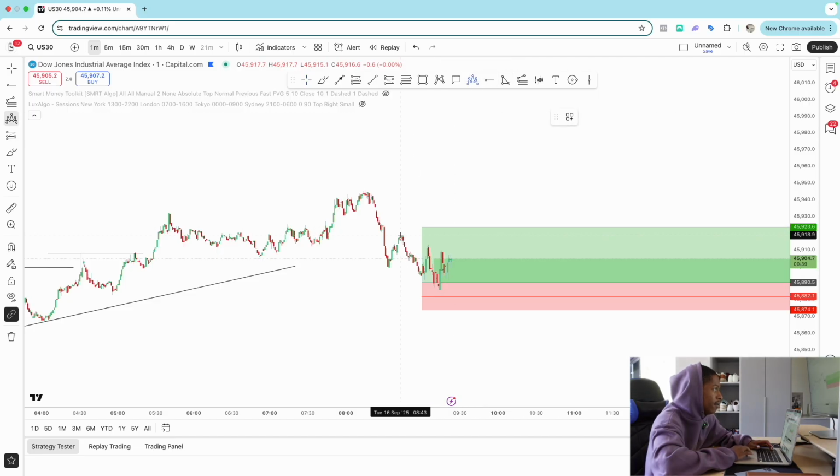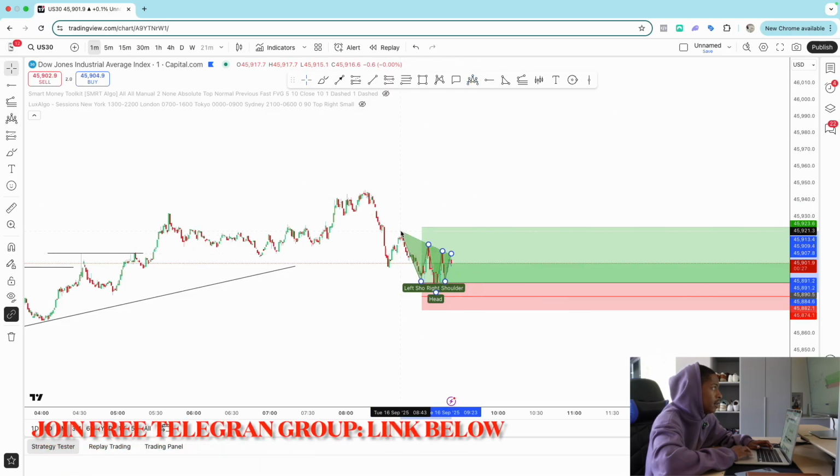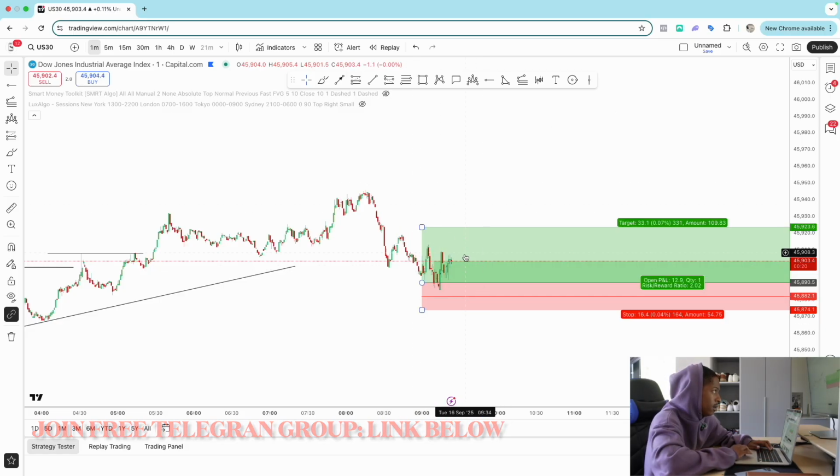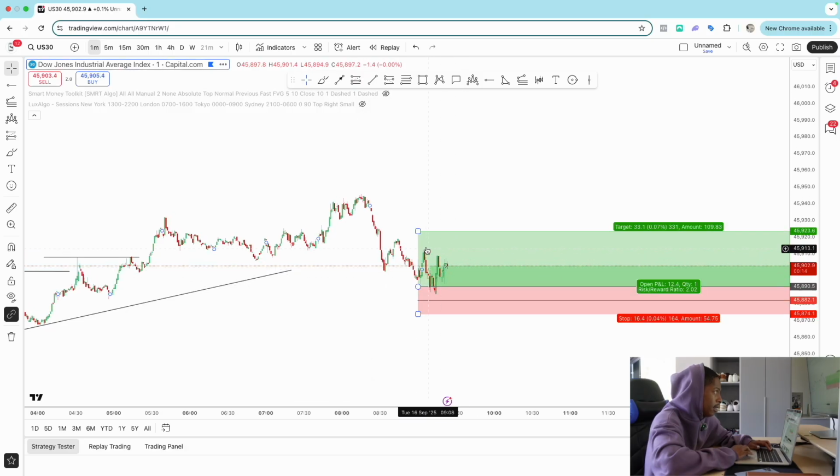But we can see here, left shoulder. Here's the head. And then the right shoulder, yeah. We can see something more like this, né? I think the only time I would buy this is if price happens to, okay, but it didn't really break.